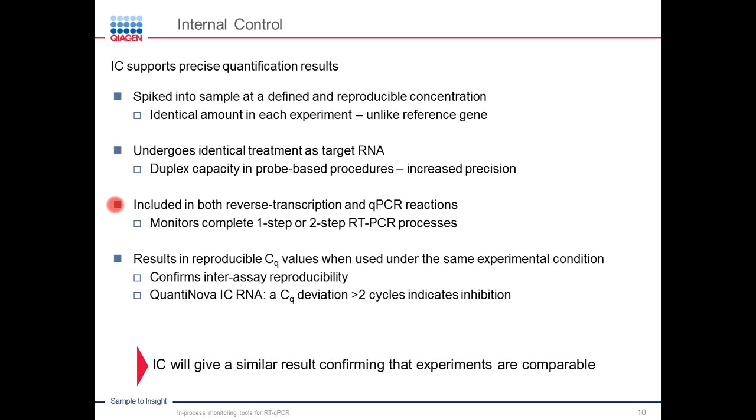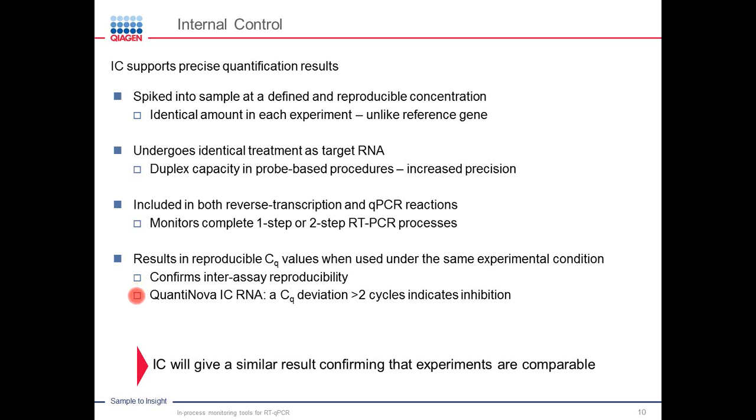So also the internal control always undergoes both the reverse transcription and the qPCR reaction, so it monitors both the reverse transcriptase and the Taq polymerase. So this will result, as I mentioned, in reproducible CQ values if we use the internal control in the same type of experimental setup. And by these results, we will always be sure that we have a reproducibility from assay to assay.